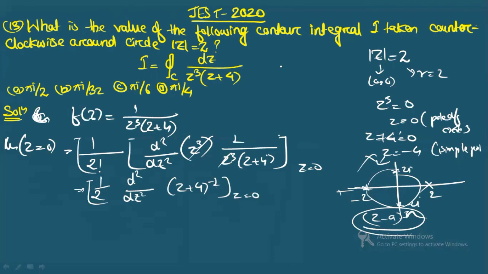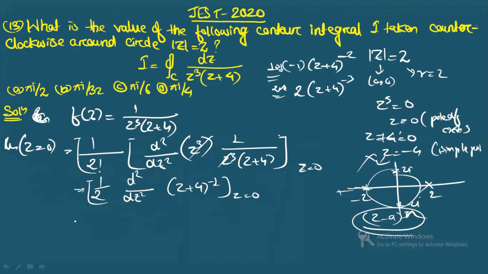This is simple. When you differentiate (z plus 4) to the power minus 1 two times, the first time you get minus 1 times (z plus 4) to the power minus 2. The second time you get 2 times (z plus 4) to the power minus 3.